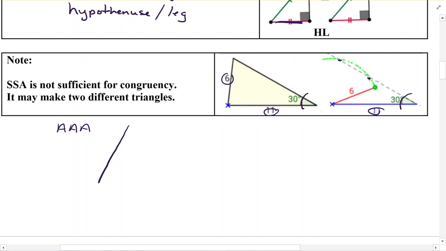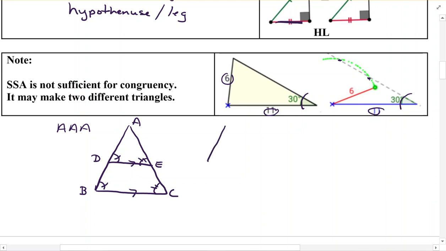The best way to look at why angle, angle, angle doesn't work is to look at this picture here of A, B, C. And let's make another triangle, D, E. Let's make these two parallel so we know that this angle is congruent to this angle, and this angle here is congruent to this angle here.